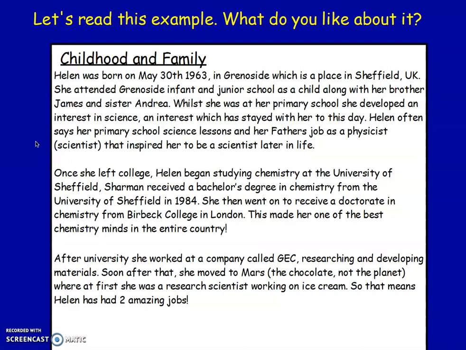As a child, along with her brother James and sister Andrea, so she went to school along with those. While she was at primary school, she developed an interest in science, an interest which has stayed with her to this day. So I'm using the research that I've done to form sentences. I found out on a website, this one here, I think, when it loads.